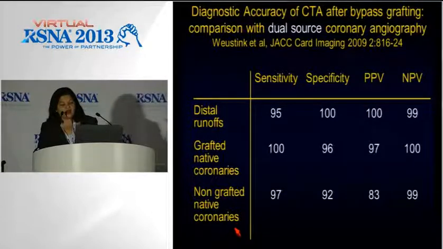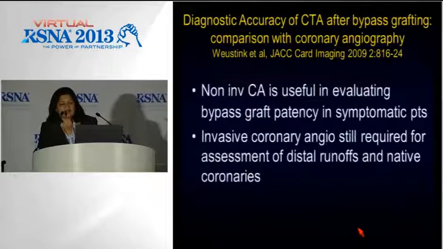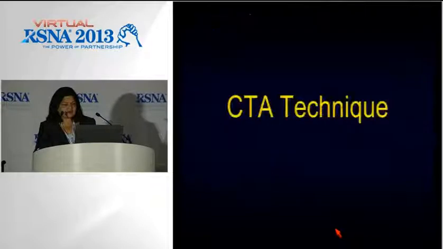However, for the non-grafted native coronaries, these numbers were not very good, particularly with the positive predictive value being lower at 83. So these authors concluded that non-invasive coronary angiography is useful in evaluating bypass graft patency in symptomatic patients. However, invasive coronary angiography is still required for assessment of distal runoff vessels and the native coronaries.